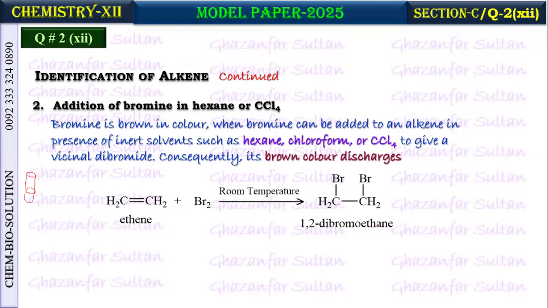It is 1,2-dibromoethane, and inert solvent is used instead of water. So the brown color of bromine discharges. So we can use either of these two tests depending on the availability in the laboratory.